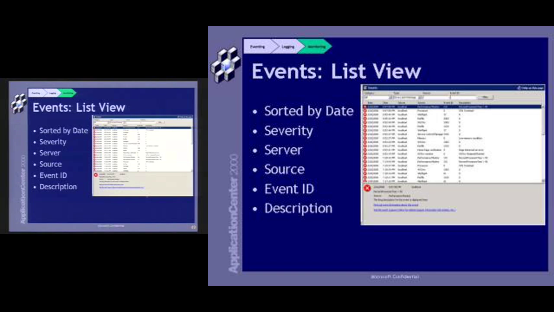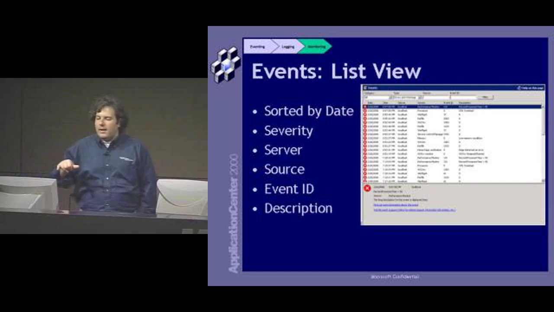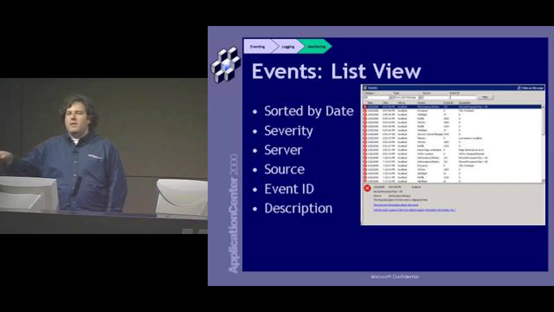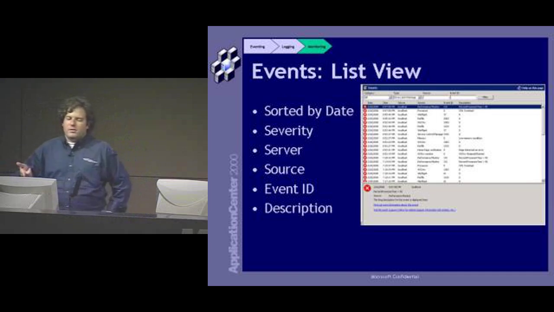So the source is going to be replication, the ID is the specific replication event, and the description tells you what happened there. For Windows events, the source is the source, the ID is the ID, and the description is going to be the event log that it came from, the application, security or system log.